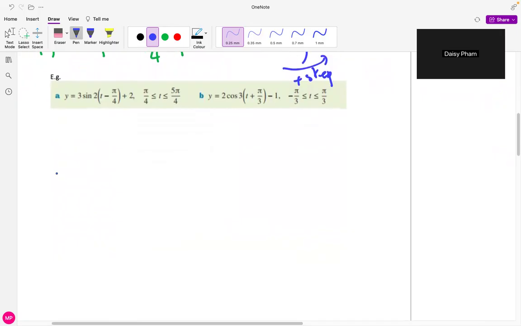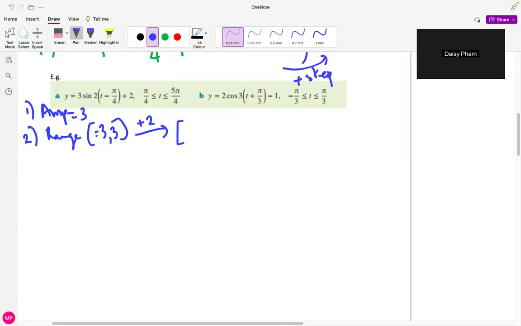All right, so for this one, we start with saying the amplitude equals 3, right? The range will be negative 3 to 3. Now, because there's a 2 here as the vertical translation, you're going to add 2 to this range. So you have negative 3 plus 2, and 3 plus 2.